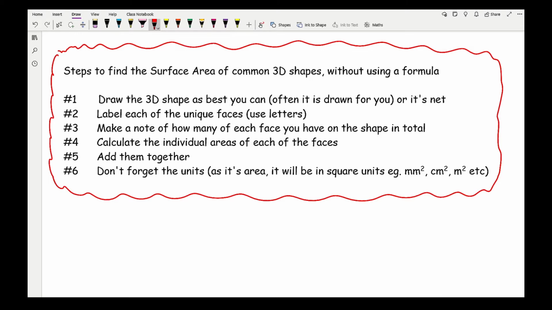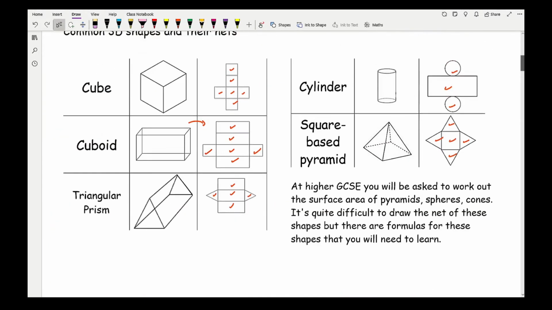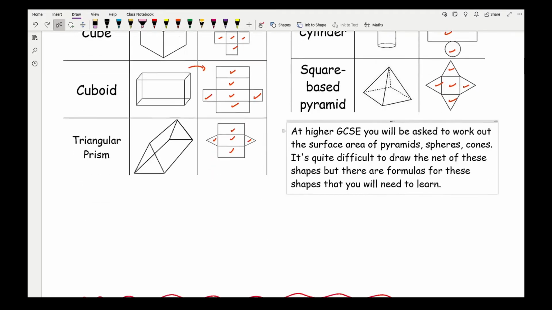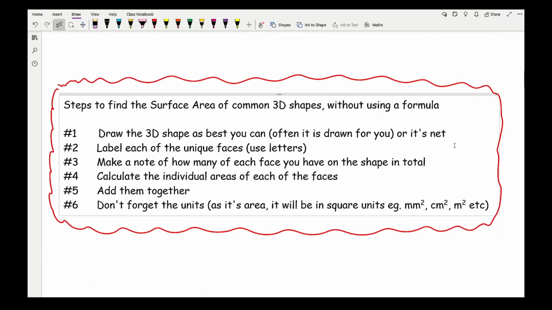Nets of 3D shapes is another topic in itself. If you can try and remember what the net would look like for the more common shapes of a cube, cuboid, triangular prism, cylinder, pyramids, etc., it will only go in your favor when working out the total surface area.